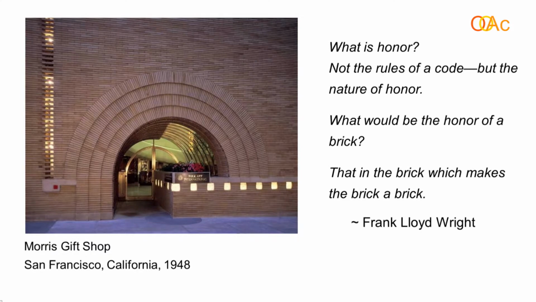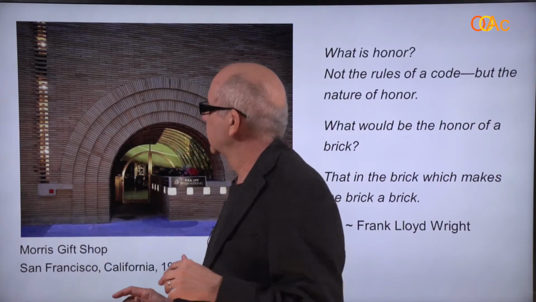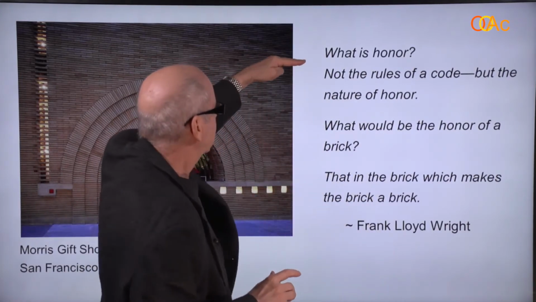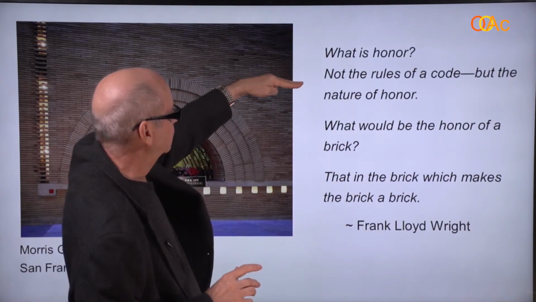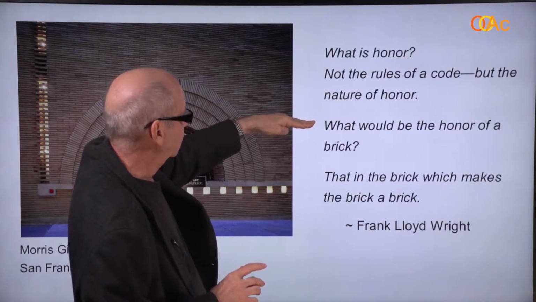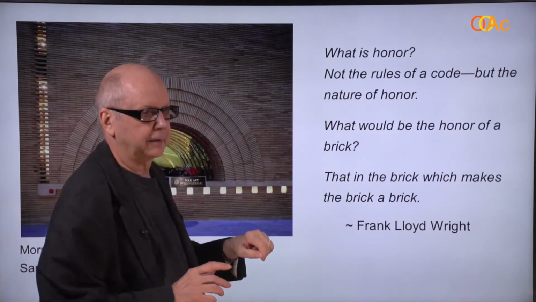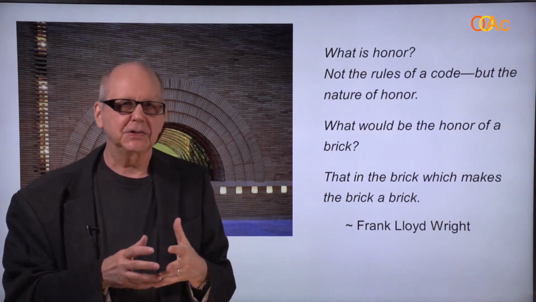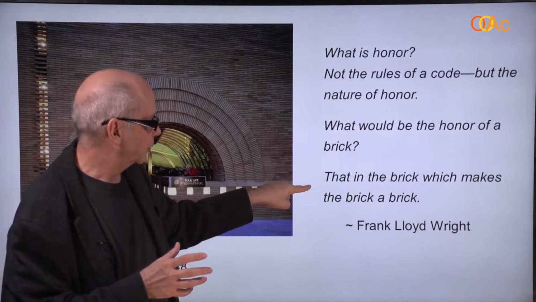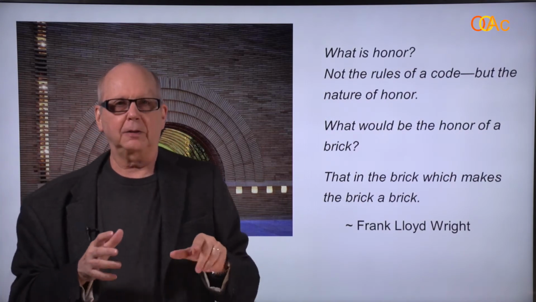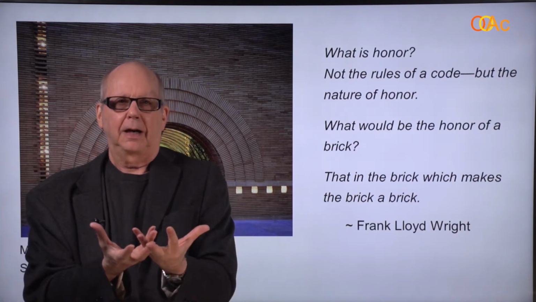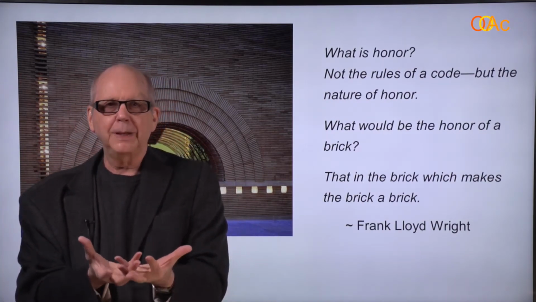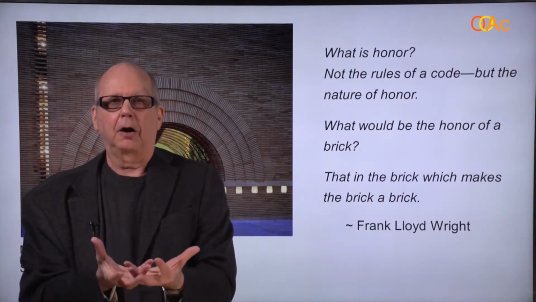Well, Frank Lloyd Wright writes something similar when he says, what is honor? Not the rules of a code, but the nature of honor. What would be the honor of a brick? Now, what does that mean? By honor, he means essence. He says, that in the brick which makes the brick a brick. In other words, there's an inner will in the brick wanting to be square, hard, red.